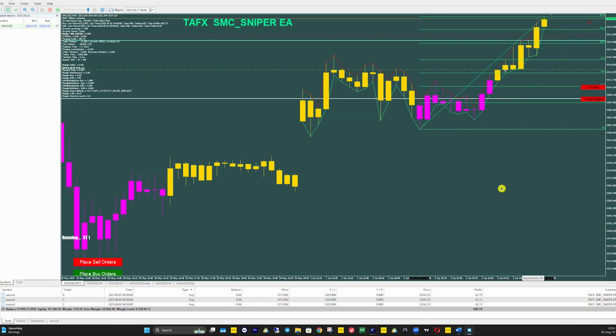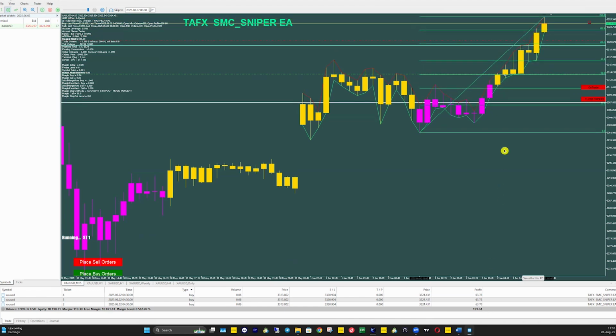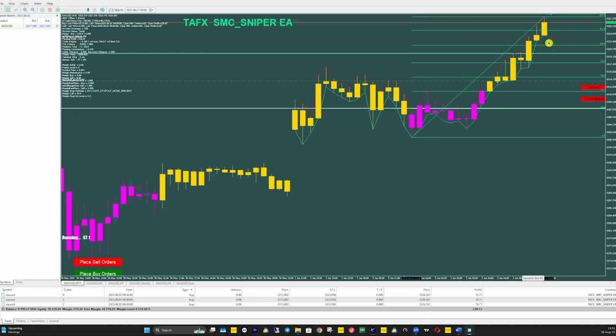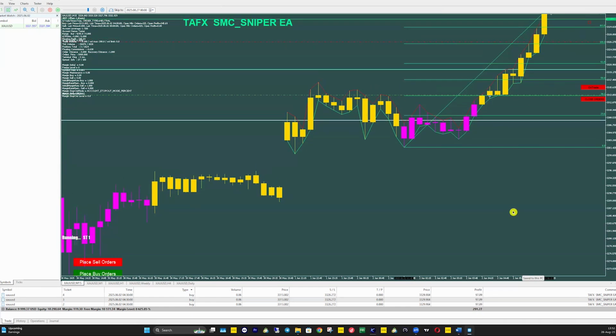So let us play and see what's going on, because it must continue trailing with this level when the market is going up. If the market is not reversing, you can see it is still trailing behind the market with this level 161.8, and we are in a good profit.